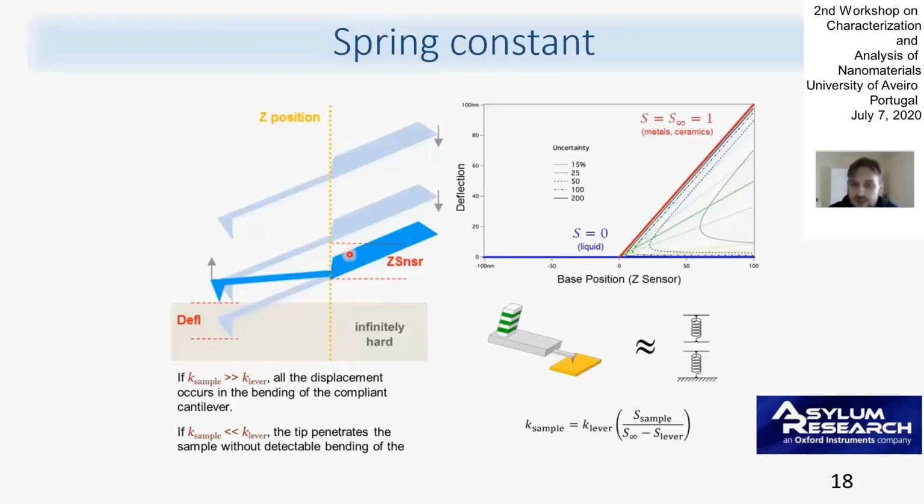One is the stiffness of the cantilever itself, and the other is the stiffness of the sample. And when we do the measurements, we need to take both into account. If we want, for example, to measure the adhesion force, our cantilever should not be so stiff, because we need to measure the stiffness of the sample.